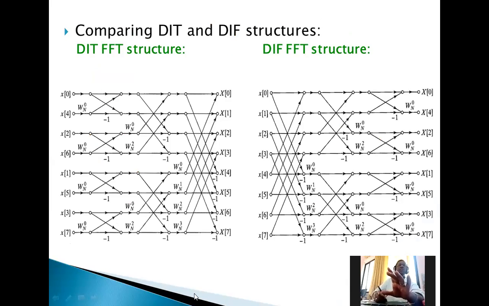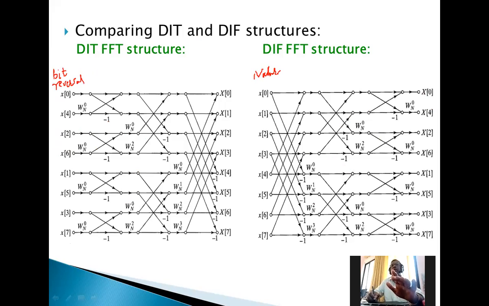If you look at the structure of DIT and DIF, we have this difference. This is the structure for the DIT FFT and this is the structure for the DIF FFT algorithm. Hope you have understood the difference between DIT and DIF. In DIT, we have inputs in bit reversal order, whereas for DIF we have inputs in natural order.